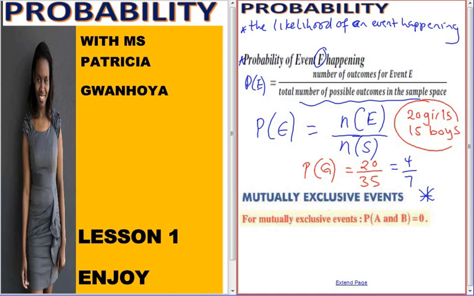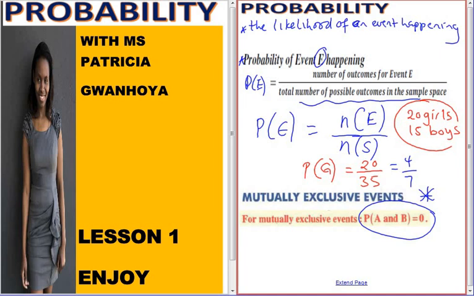That means the probability of A and B is equal to 0. They won't take place at the same time. So think of any 2 events that may not be able to take place at the same time.